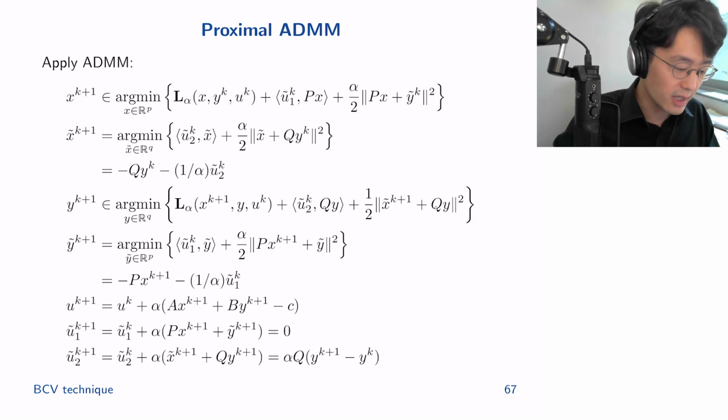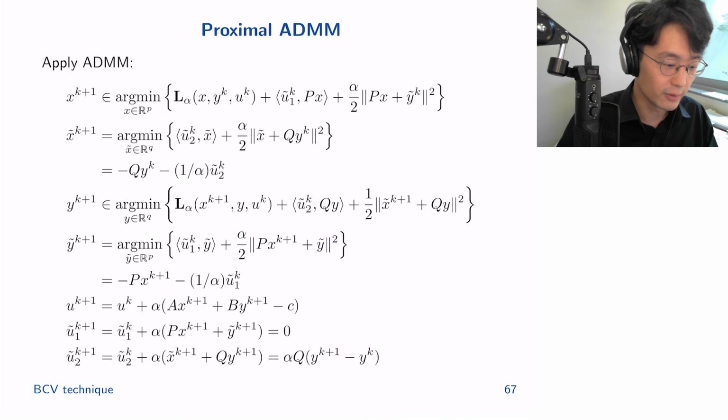Then we have the second dual variable, u tilde 1, which corresponds to the equality constraint px plus y tilde is equal to 0. And then we have the third dual variable, u tilde 2, which corresponds to the equality constraint x tilde plus qy is equal to 0.